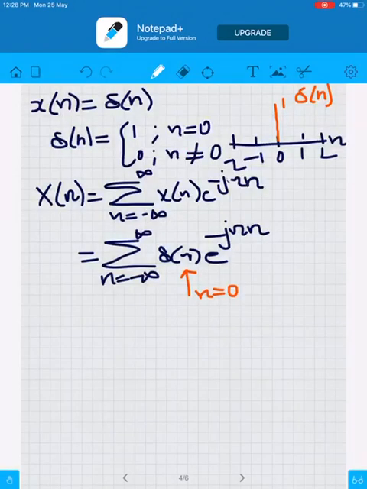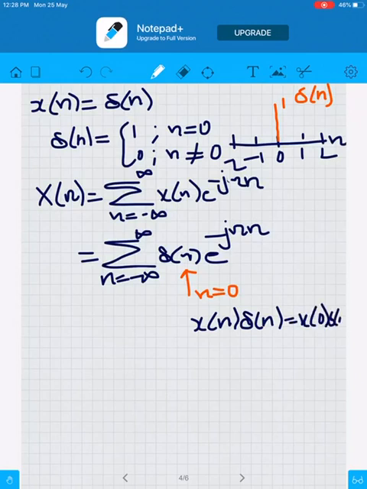So we had learnt in the earlier classes that x of n into delta of n is given by x of 0 into delta of n, correct? So this function gets evaluated at n is equal to 0. Evaluating this function at n is equal to 0, it will result in 1, and delta of n is equal to 1 at n is equal to 0. So the entire thing gets evaluated as 1.